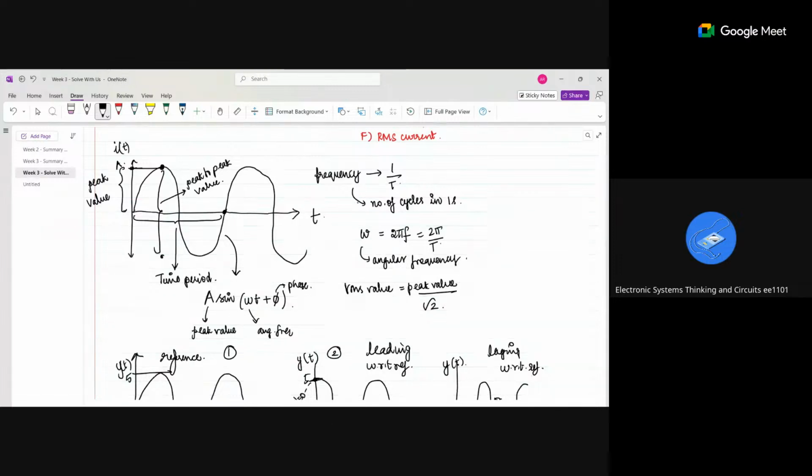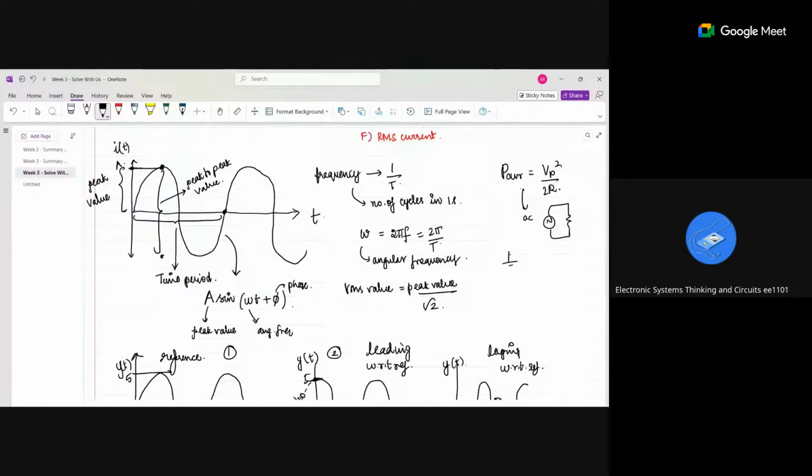There we derive the P average value, from which we get Vp square by 2R. So this is for an AC circuit.